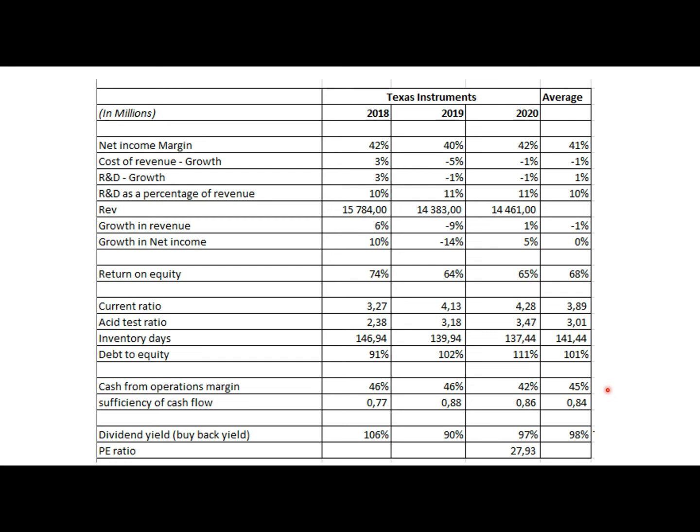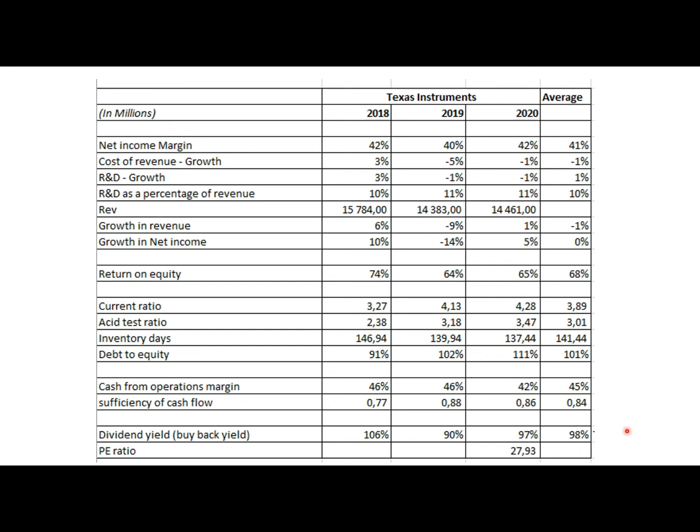Now, most of the cash that Texas Instruments generates goes into paying dividends. The dividend yield is way above the average industry returns of about 46%. It's providing shareholders with above industry average shareholder returns. It is good considering it does generate way above industry average cash margin. Very, very good.